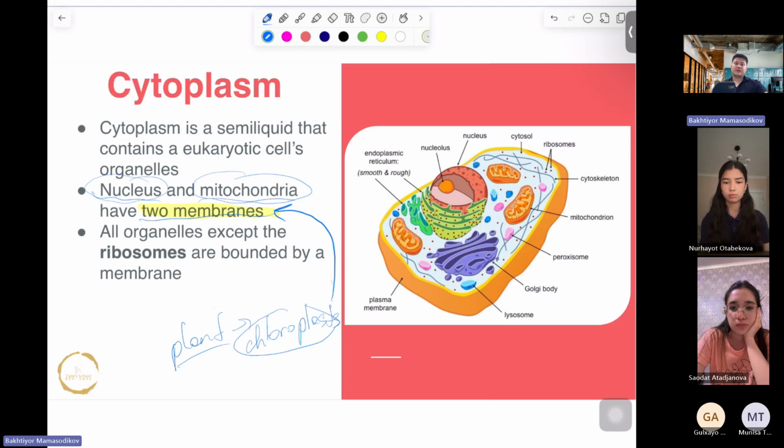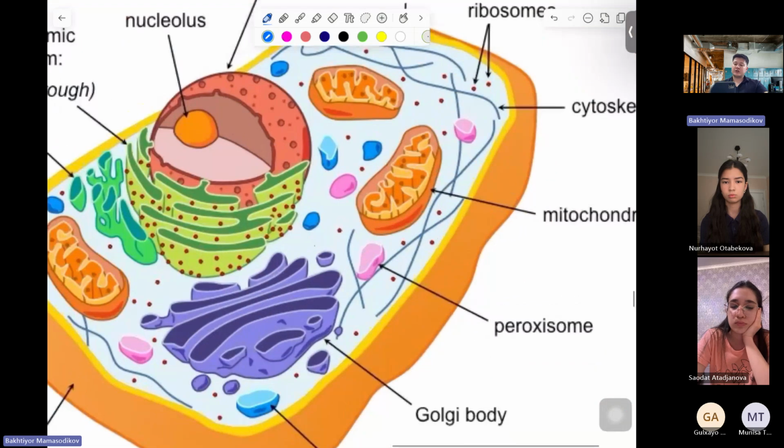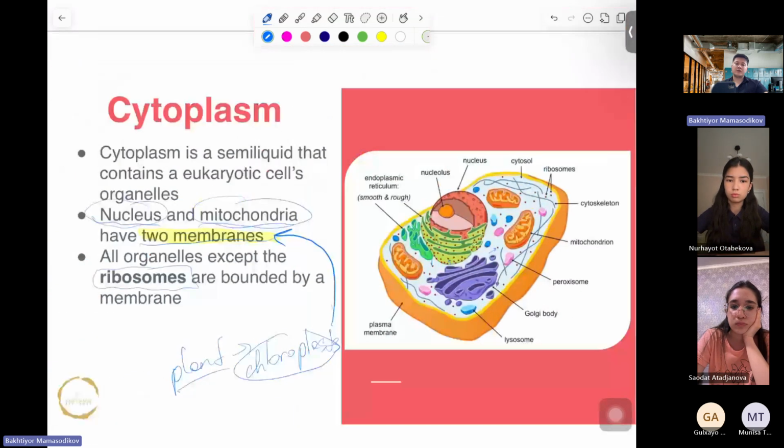And all other organelles have only one membrane, but the ribosomes, these tiny structures, they are called the ribosomes. What's the function of the ribosome? Who knows?